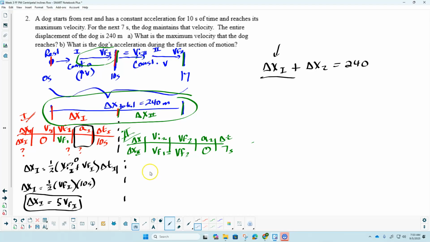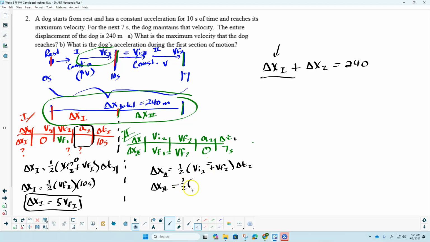For section 2, I'm going to use the same formula, even though the acceleration is 0, it's a constant acceleration. So I can use this same formula. So for section 2, it'd be delta x2 equals 1/2 times VI2 plus VF2 times delta t2. Okay. So when we plug into this, these are the same, right?